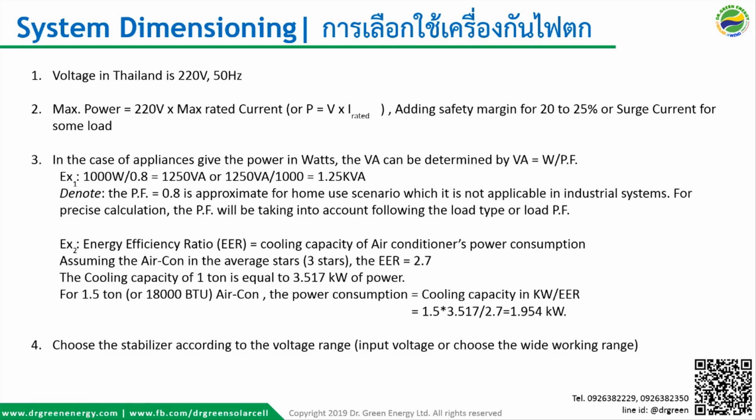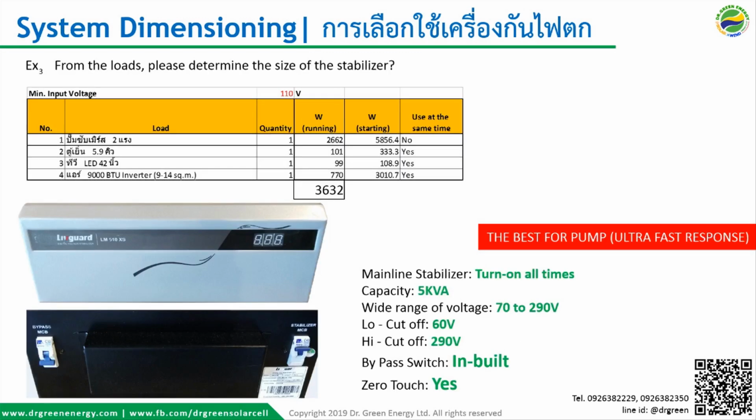Okay, and now the minimum input voltage is very important to choose the stabilizer. In this case, you want to choose a stabilizer that takes care of all appliances in this table.